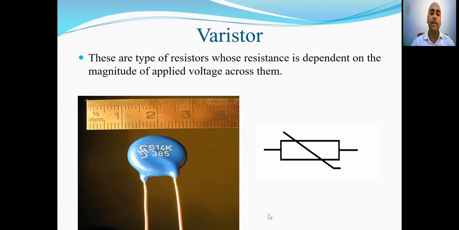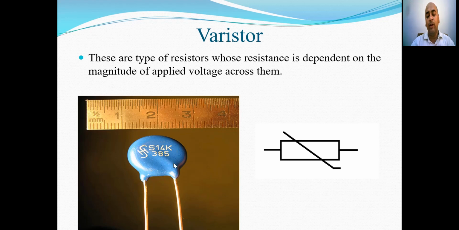Next in the series is varistor. So varistor is a type of resistor whose resistance is dependent on the magnitude of applied voltage across it.